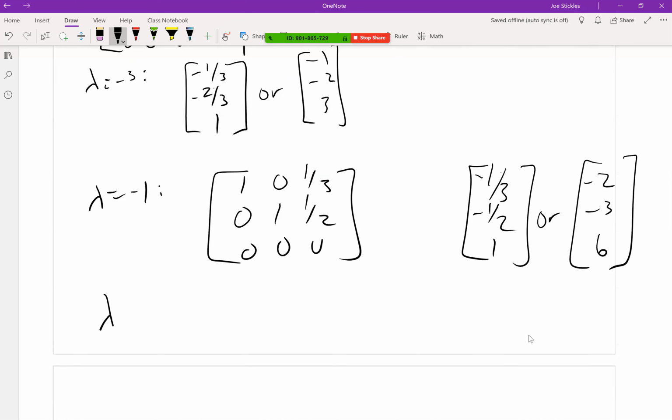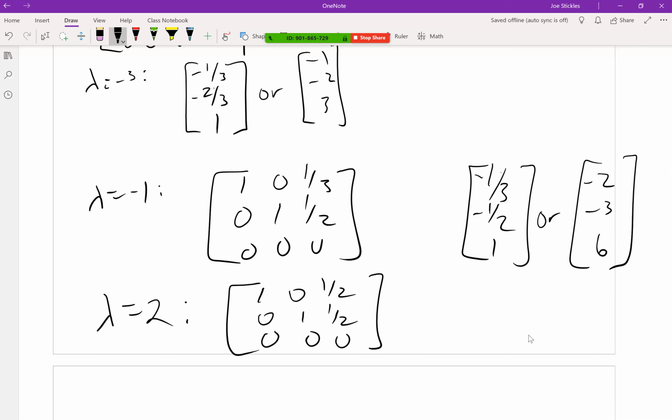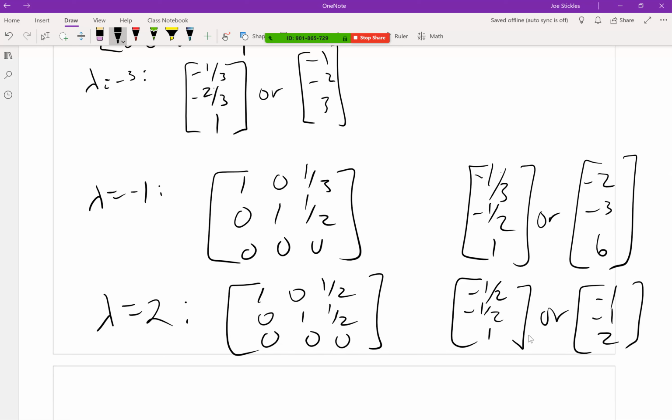So for lambda equal to 2, we had 1, 0, 1/2, 0, 1, 1/2, 0, 0, 0. So that would give us -1/2, -1/2, 1. Or, again, if you don't like the fractions, multiply by 2 to clear the fraction.